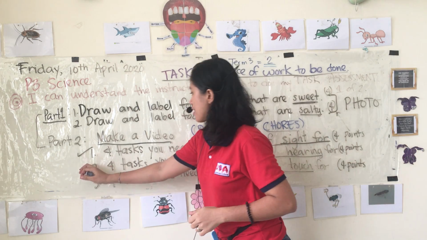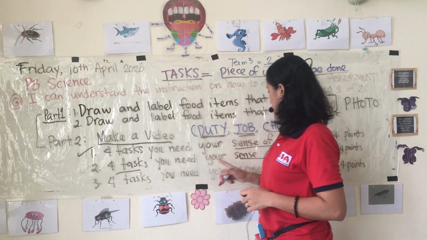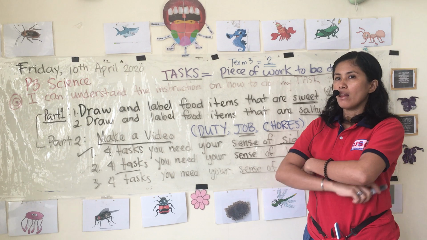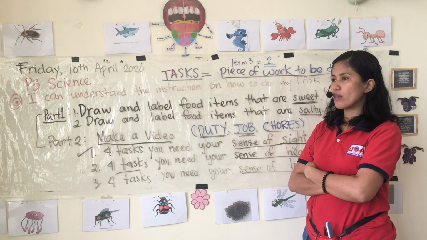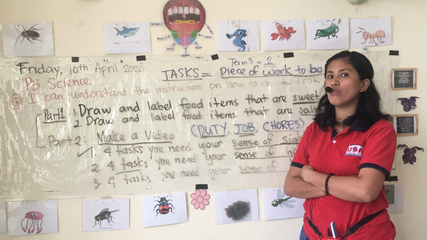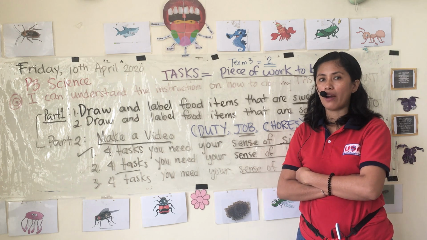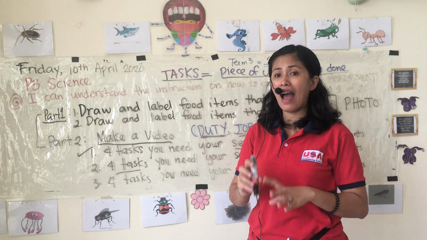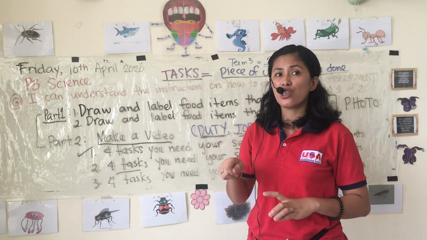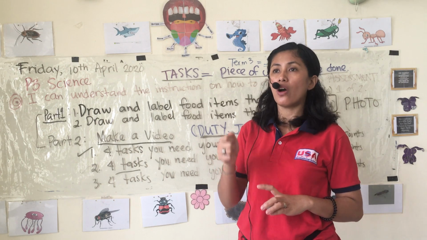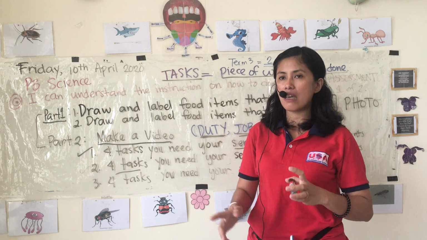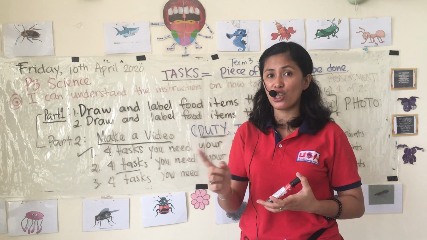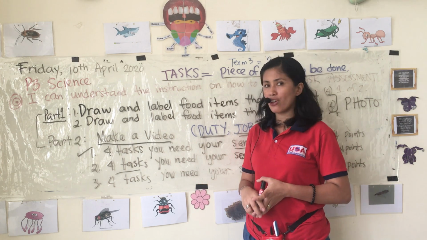Next, how about an example of a task that we use our sense of hearing for? My mom wants me to go to, where? Since you cannot go outside. Sense of hearing. My mom asked me to turn off the TV, for example. So that's a task that your mom assigned to you. So what are you going to say for that?